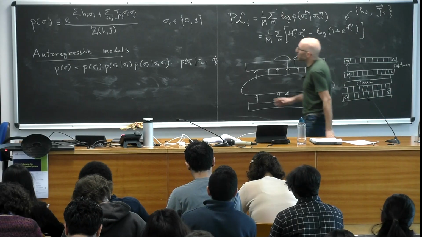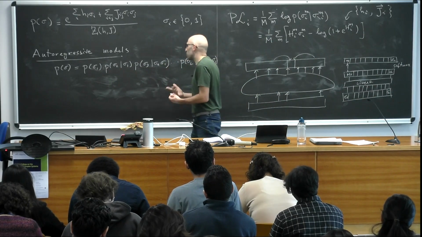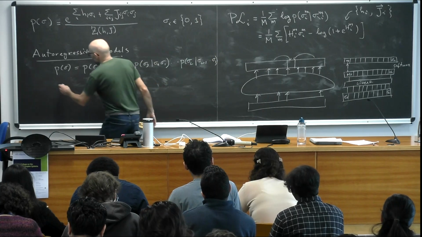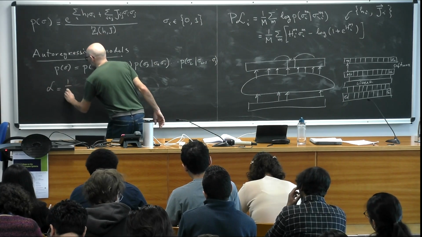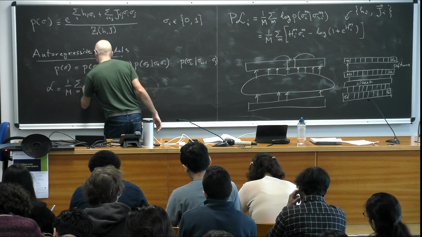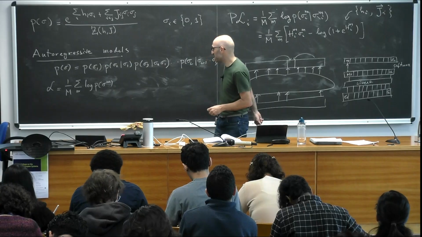And now you say, okay, let's try to learn these things. So I do maximum likelihood. My likelihood is going to be 1 over M sum of the log of P of sigma m, where sigma m are my data.